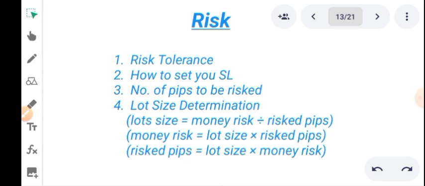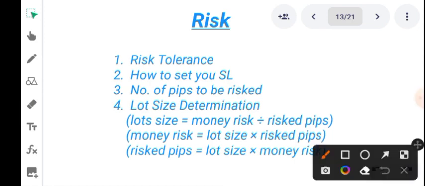Now the next thing you want to know is how to set your SL, that's your stop loss. Regardless of the amount you want to risk, and regardless of the risk reward ratio you want in trading, there is a rule in setting your stop loss. As we all know, price moves from level to level.